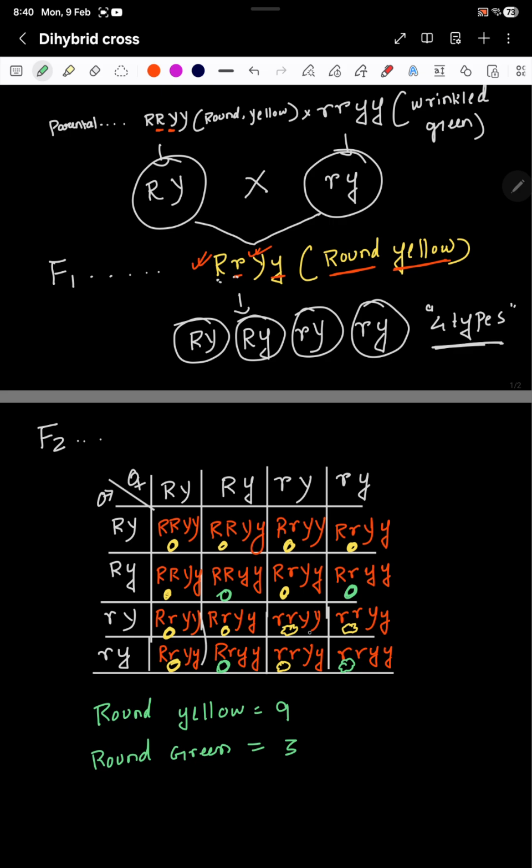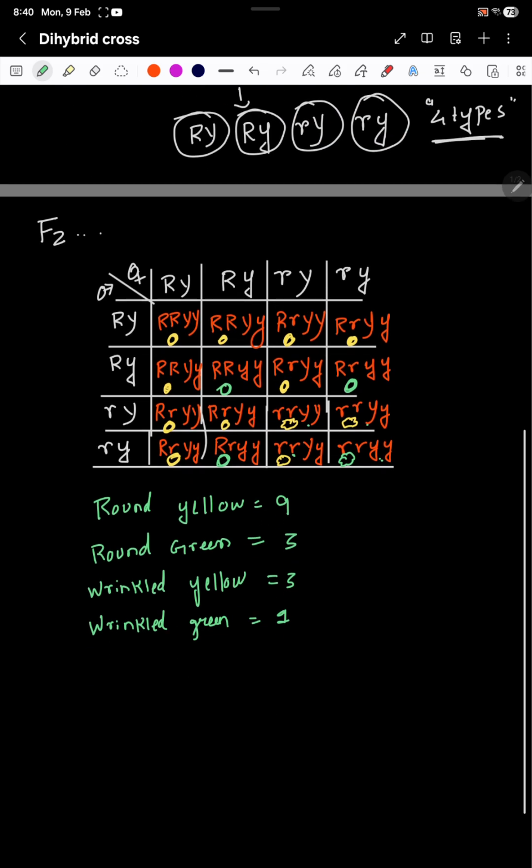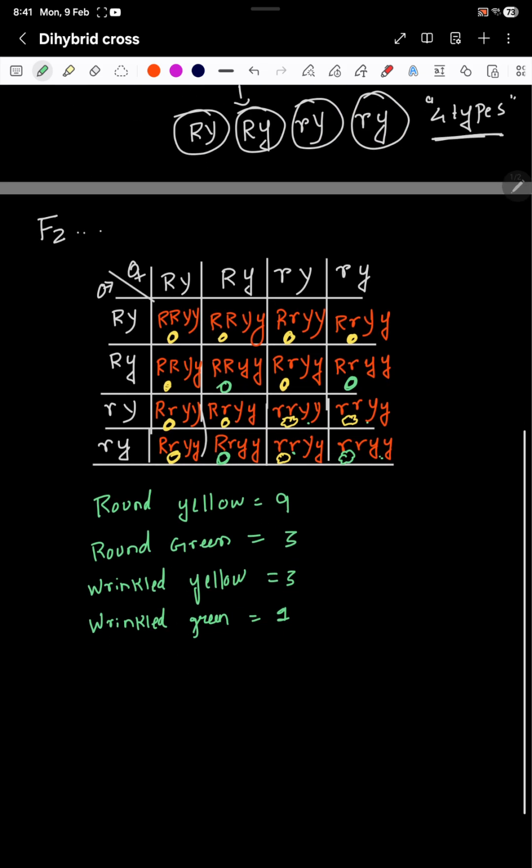Wrinkled yellow, see, 1, 2 and 3. Wrinkled yellow are 3. Okay, and wrinkled green is only 1. Wrinkled green equals 1.